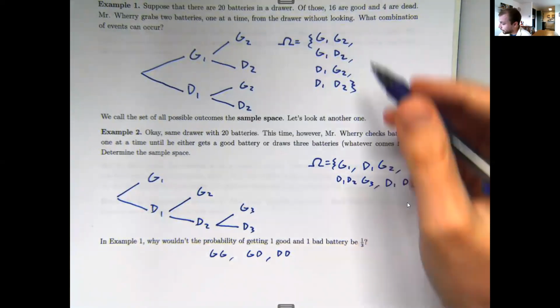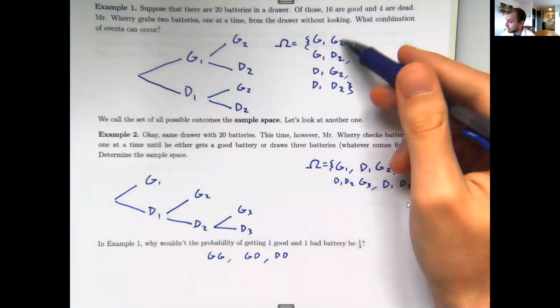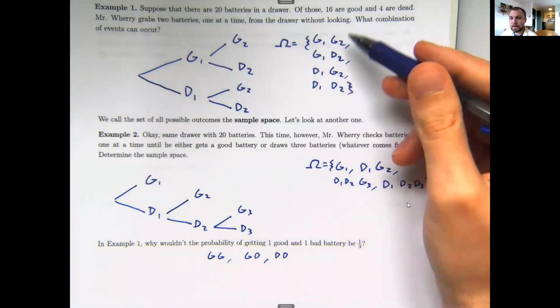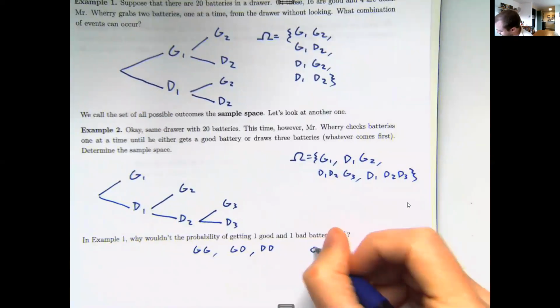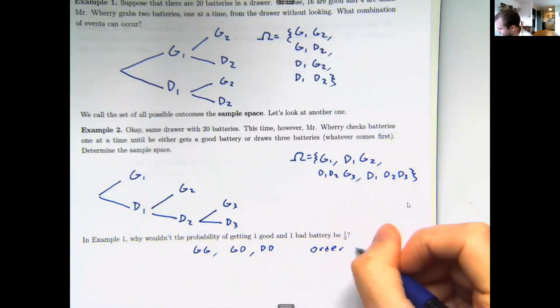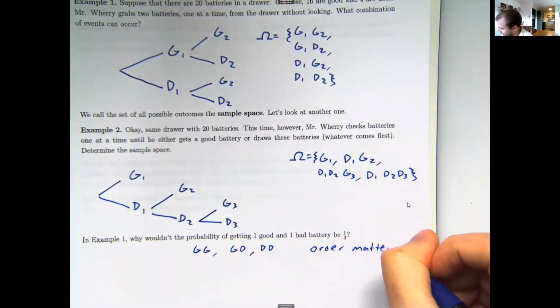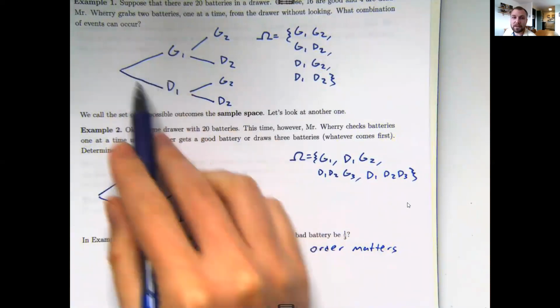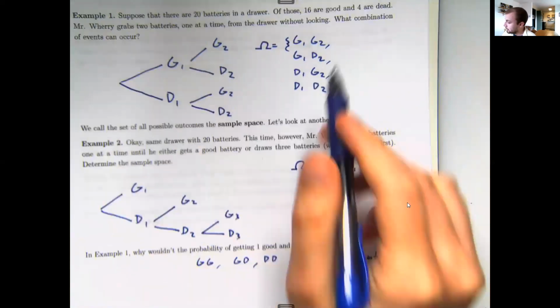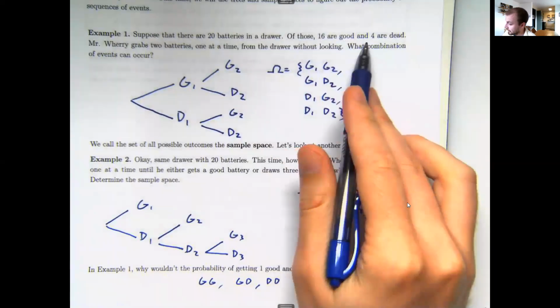Well, a couple of reasons. First off, if you look at it above, you see that 3 isn't really a reasonable answer because order matters. And the second thing that makes a difference here is that when I'm looking at this tree, I should really be thinking about the weights of it. There are 16 batteries that are good.